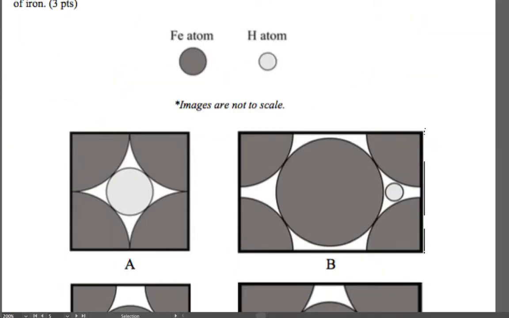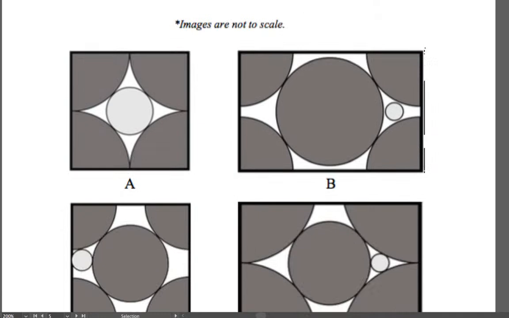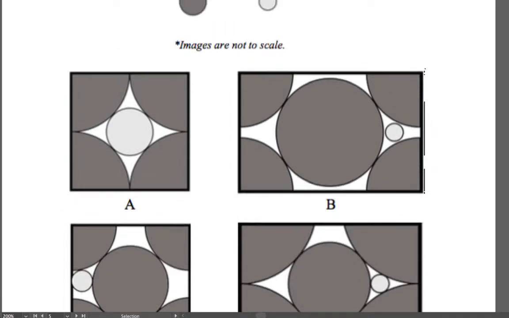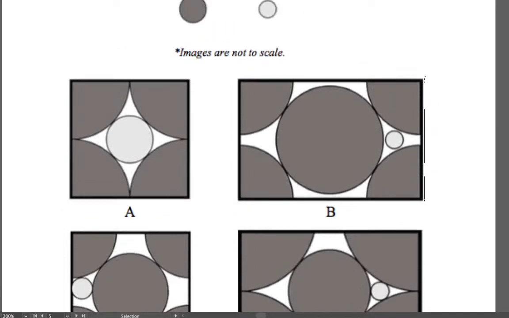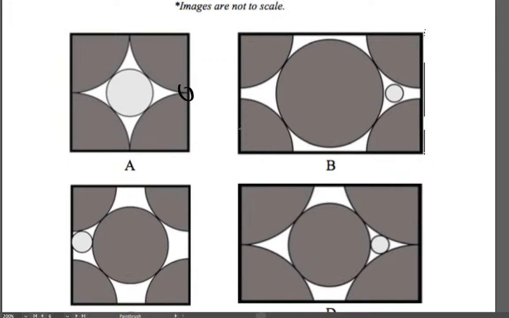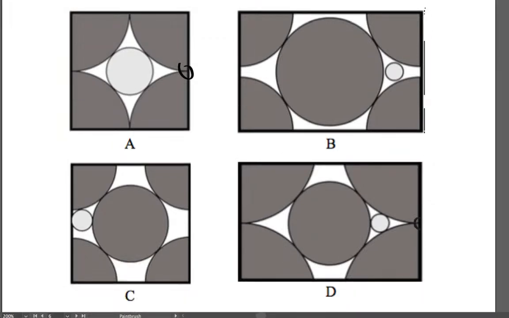Okay. So the first thing that we need to remember is that for the 110 plane of a BCC atom, this thing here doesn't touch, so that thing is not an answer. This guy here is also not an answer.